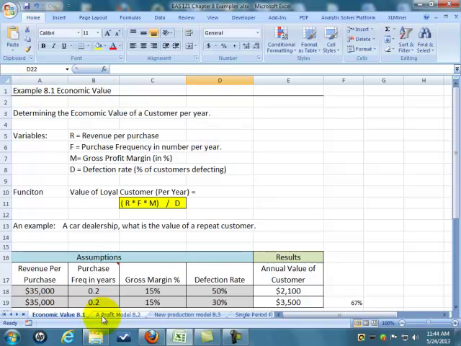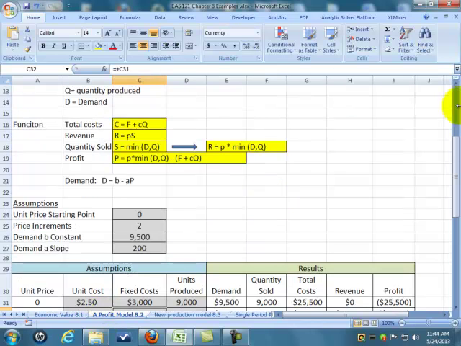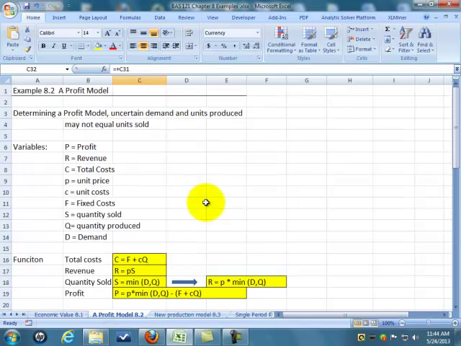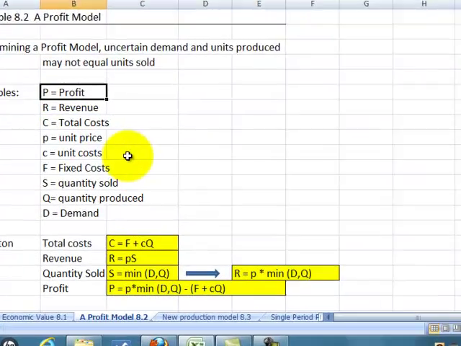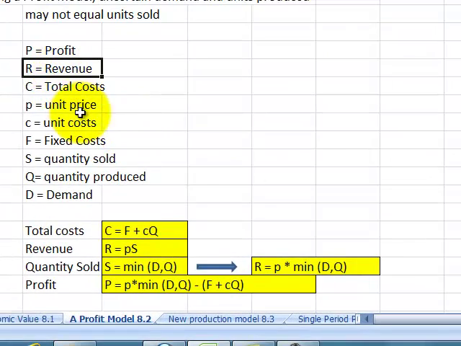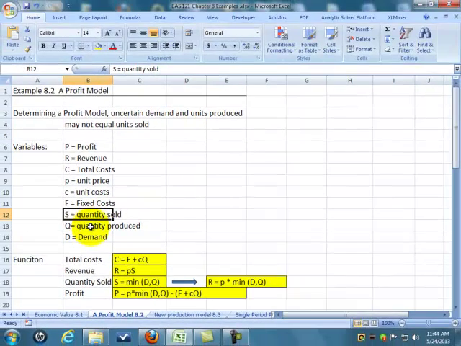Let's look at example 8.2. It's a profit model. So now we're going to determine a profit model when demand is uncertain. Okay? So our variables: P is for profit, R is for revenue, T is for total cost, P is for unit price, C is for unit cost, F is for fixed cost, S is for quantity sold, Q is for quantity produced.